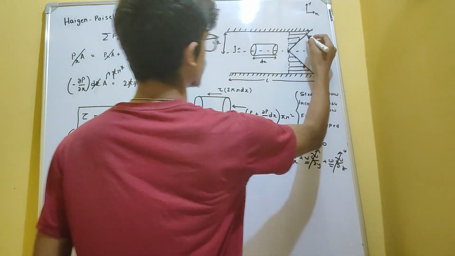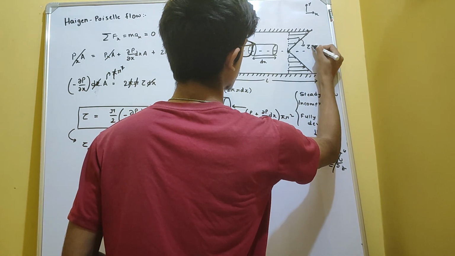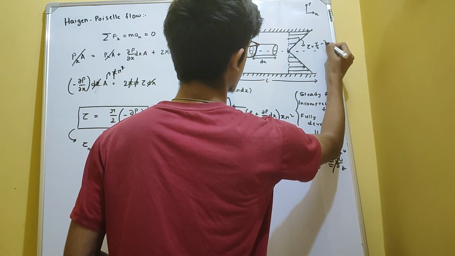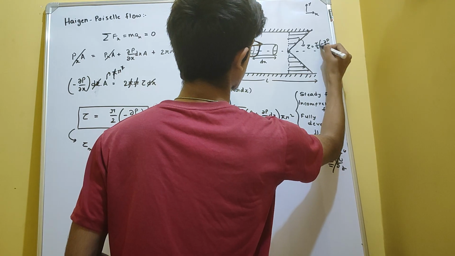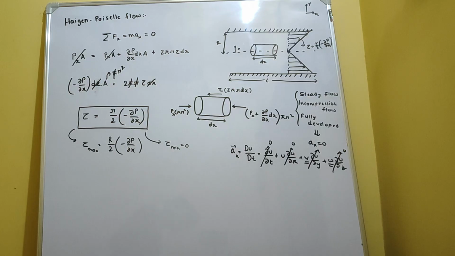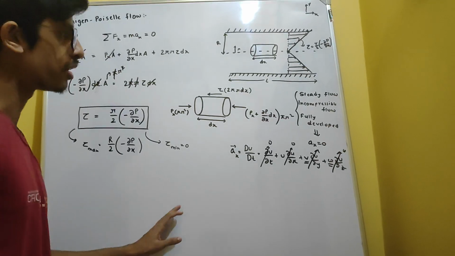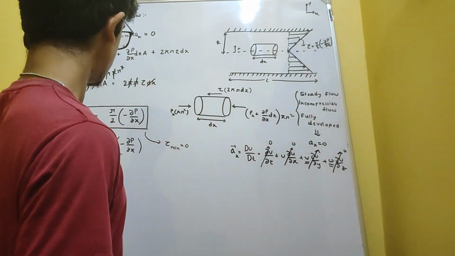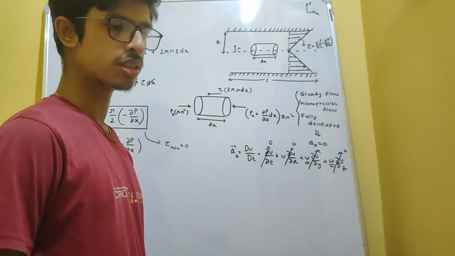And this equation can be given as tau equals r by 2 negative ∂p/∂x. Okay, so this is the complete shear stress distribution.